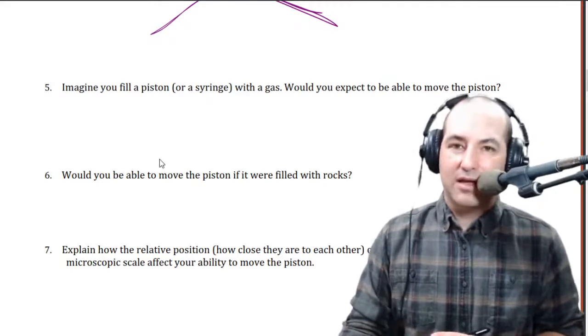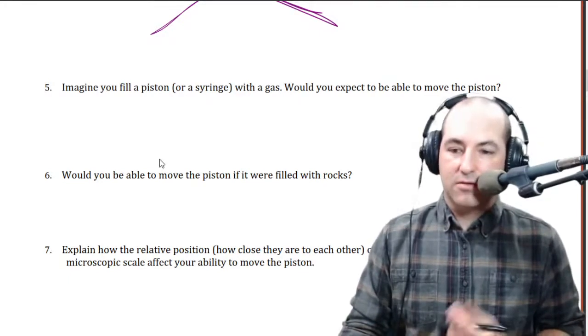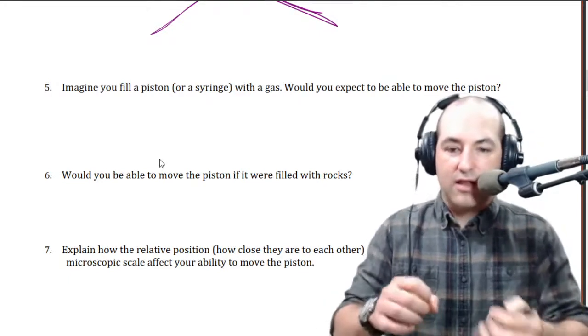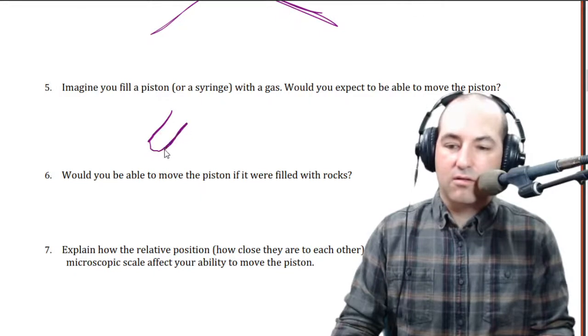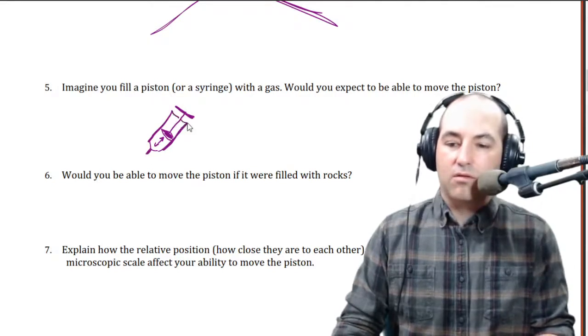So a piston or a syringe, right? You've got like a fixed. Let's draw this if you don't know what I'm talking about. So you've got like a fixed tube, and then there's a sort of a plunger inside that can be moved up and down, right?